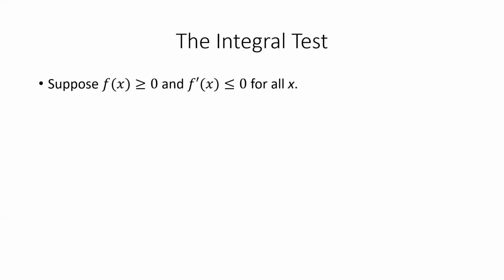This applies, first of all, we have to have a function that's always positive and that is decreasing. And our sequence is defined by this function evaluated at the various whole numbers. So that's a pretty restrictive set of conditions here, but it does handle some really nice situations for us, as we'll see.